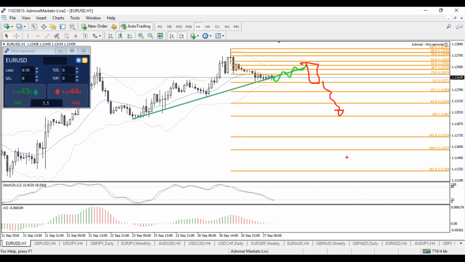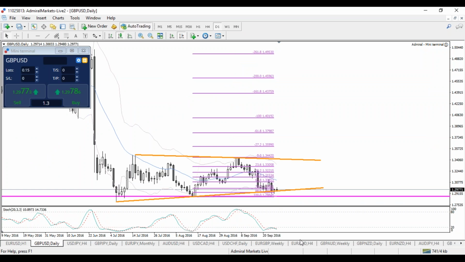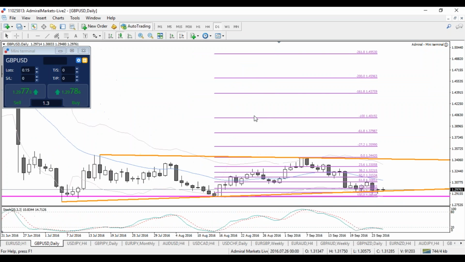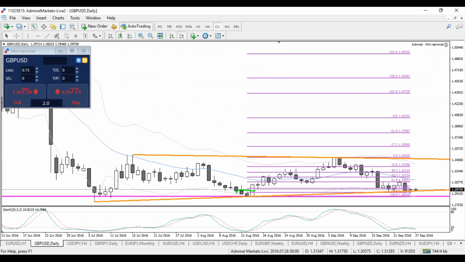Pound USD. All right, in my view, quite interesting. We got a triangle potential here too. And basically price is retesting this bottom. This bottom needs to break before the triangle is not valid. At this moment, it could be an A, B, C, D still.